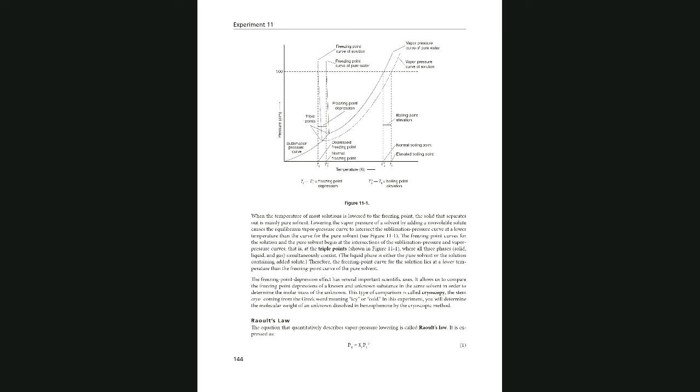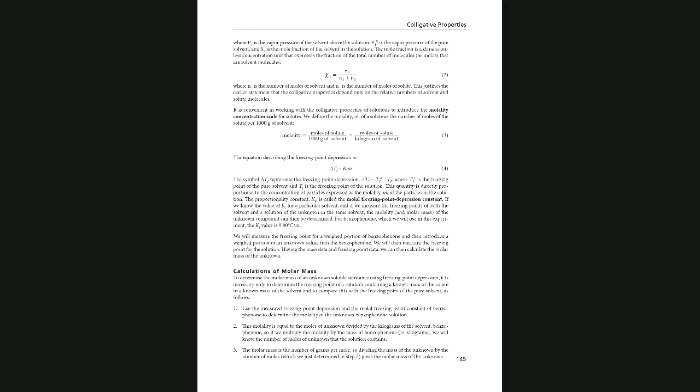After you add the solute, the change in freezing point, delta TF, is going to be used to find the molality. Lowercase m is molality, capital M is molarity. Molality, with the L, is the number of moles of the solute per kilogram of the solvent.